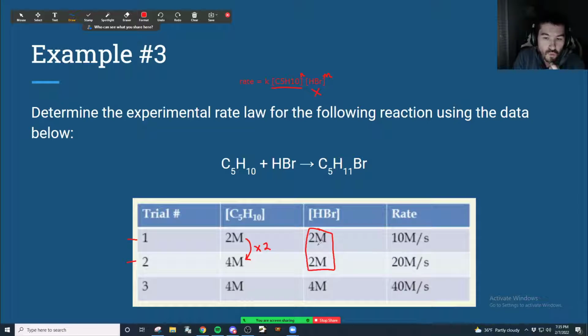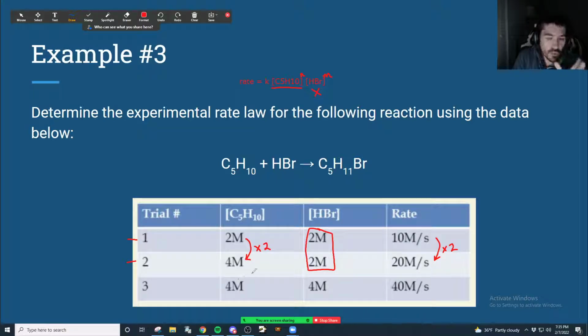So, what that means is that any change in the rate is wholly induced by the change in this concentration. It cannot possibly have anything to do with this because this remained constant. So take a look: the rate doubles. It goes from 10 to 20.